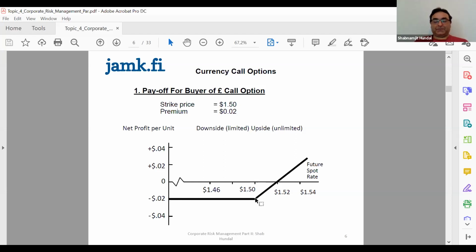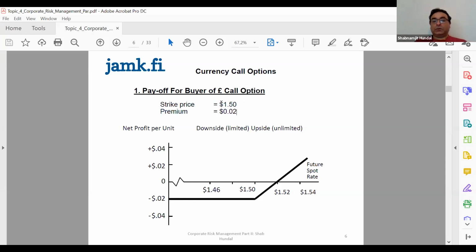If you choose to buy from the market, you pay this 1.50, and then you also bear the loss of 2 cents, which you paid in the beginning. So a pound will cost you 1.52. If you choose to buy from the broker, it costs you again 1.52, because you pay the strike price 1.50 plus the 2 cents premium.